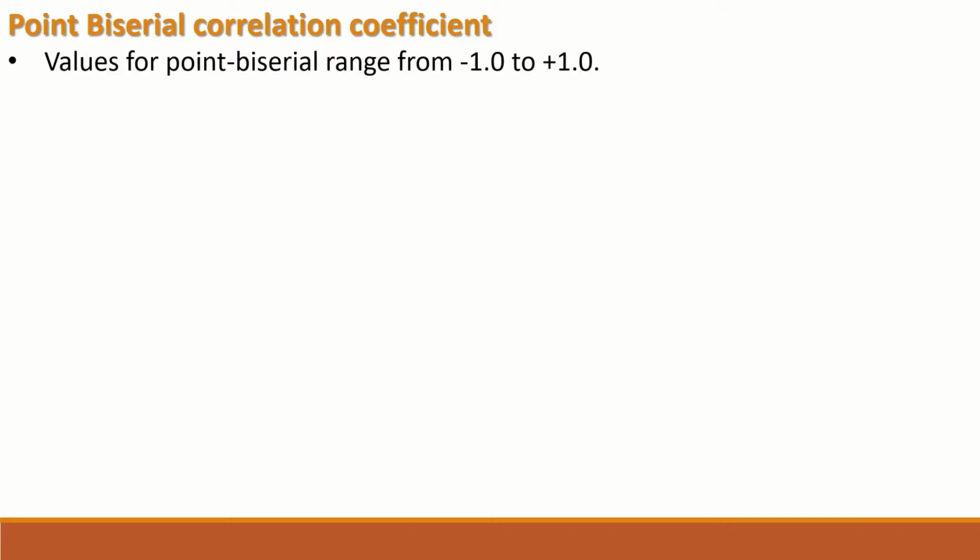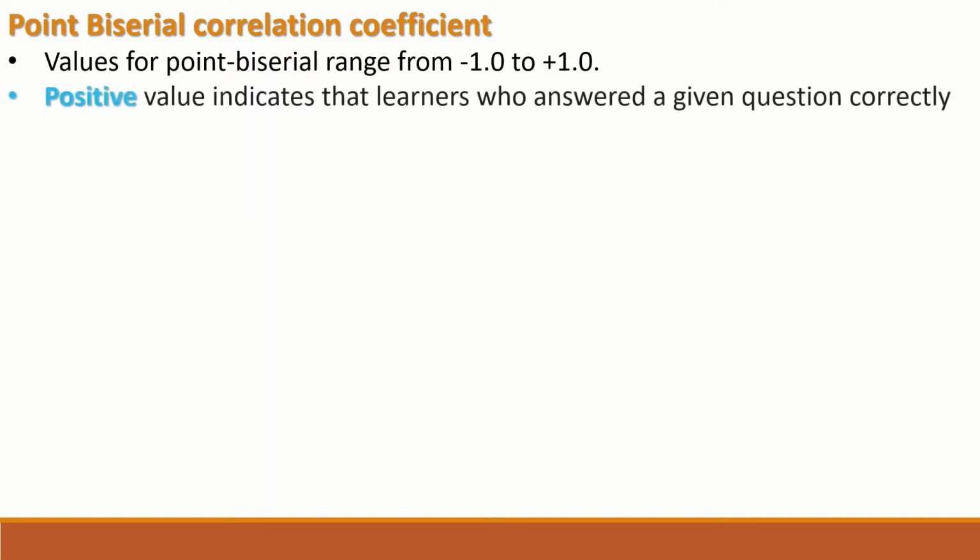Now, the statistical test for the point-biserial correlation coefficient generates a value or values, and these values range from -1 to +1. +1 indicates a perfect positive correlation. A -1 indicates a negative correlation, a strong one.